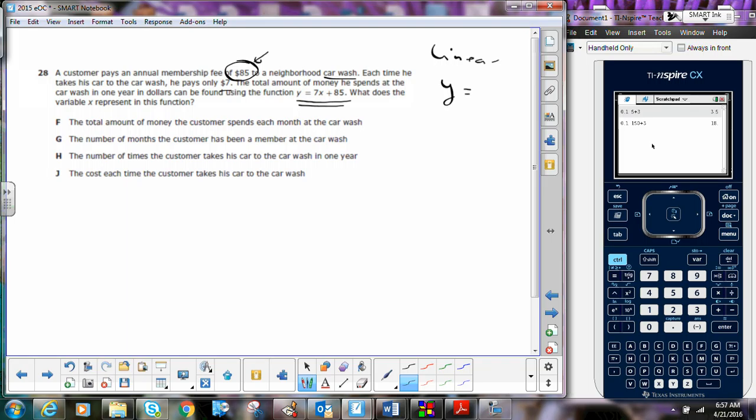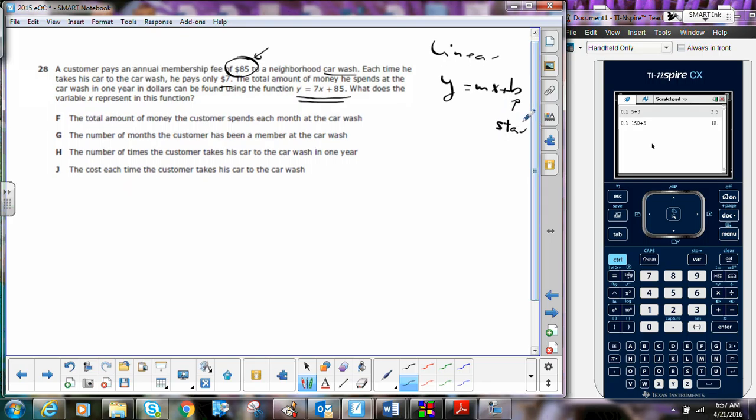Again, when we see this type of function, we know this is linear. What does linear mean? y = mx + b. B stands for the constant, the starting fee, the starting point, and m stands for the rate. We're dealing with a real life situation. So what does the variable X represent in this case? So let's talk about the charge.